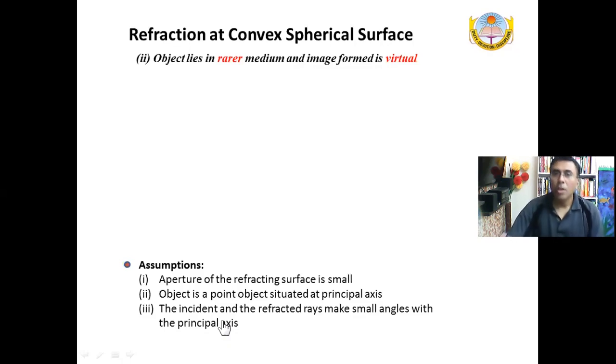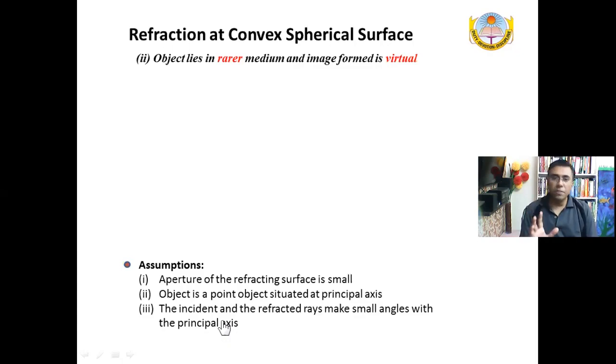Basically, for the different types of cases of refraction at a spherical surface, whether convex or concave, there will be some 9-10 cases. The basic difference in all these cases is just in the ray diagram. If you go through the mathematical part, the derivation, you will find that the derivations are almost similar for all the cases.